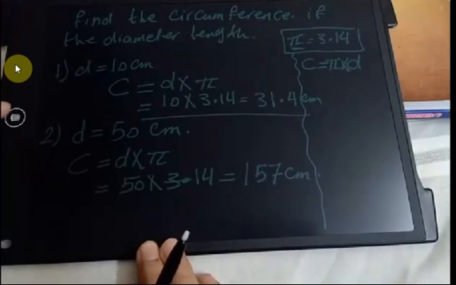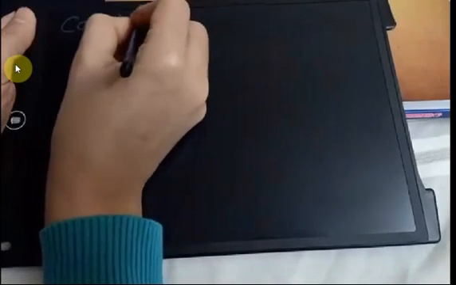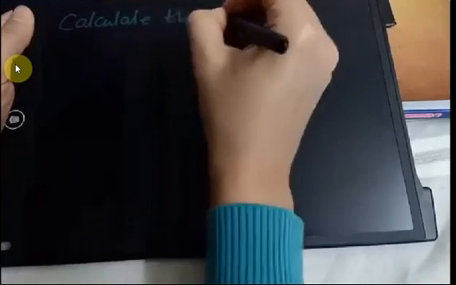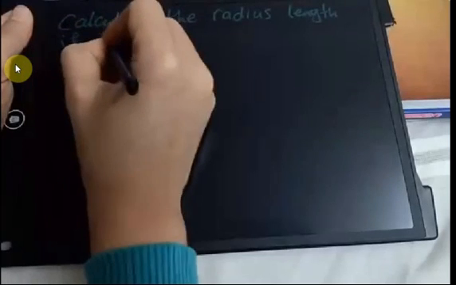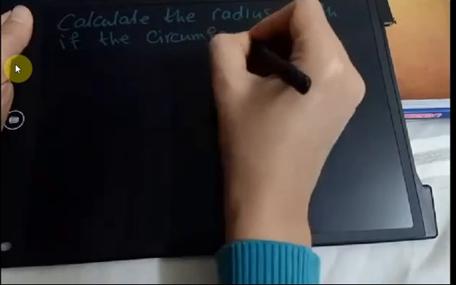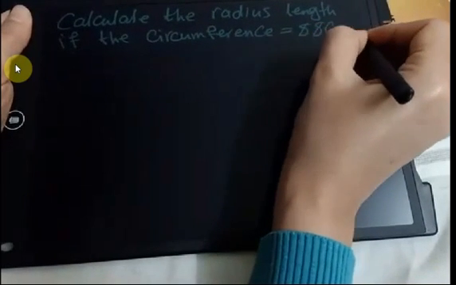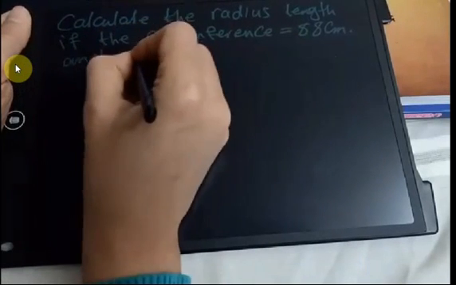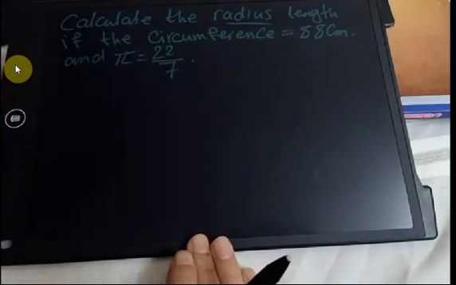No, thank you, miss. Okay, I'm moving to the next one. Calculate the radius length, if the circumference equals 88 centimeter and pi equals 22/7. Yes, Ahmed.